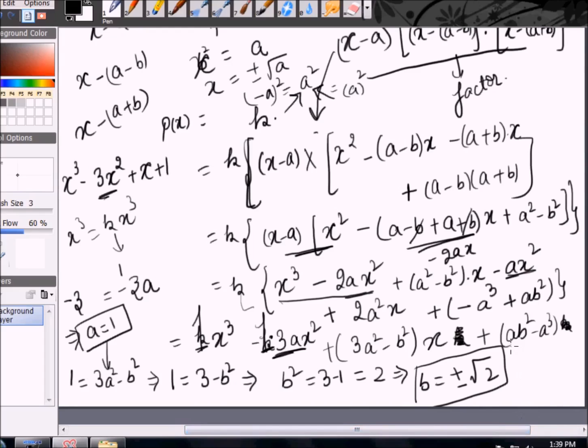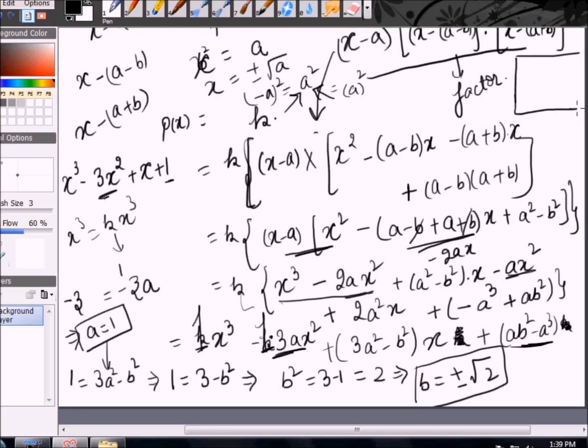Now, if the constant term also fulfills the values of a and b and satisfies the equation, then the values of a and b obtained by us will be true. Let us check this.